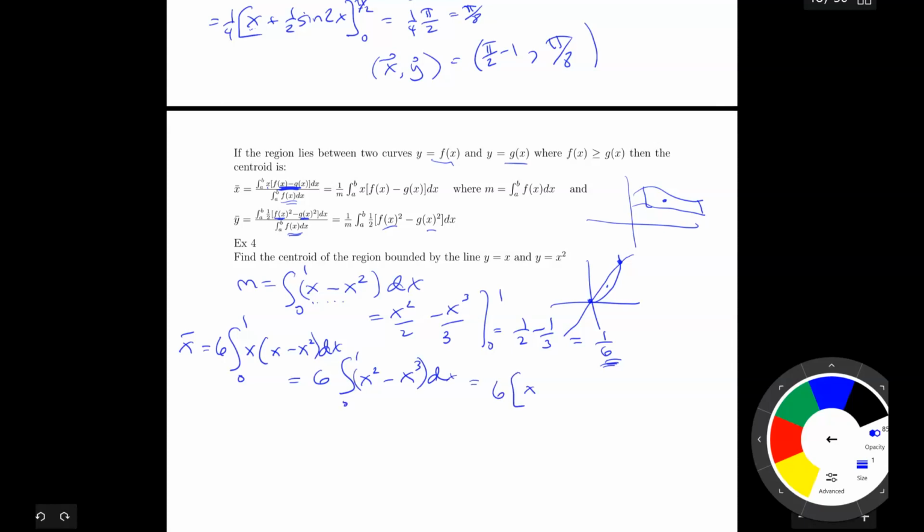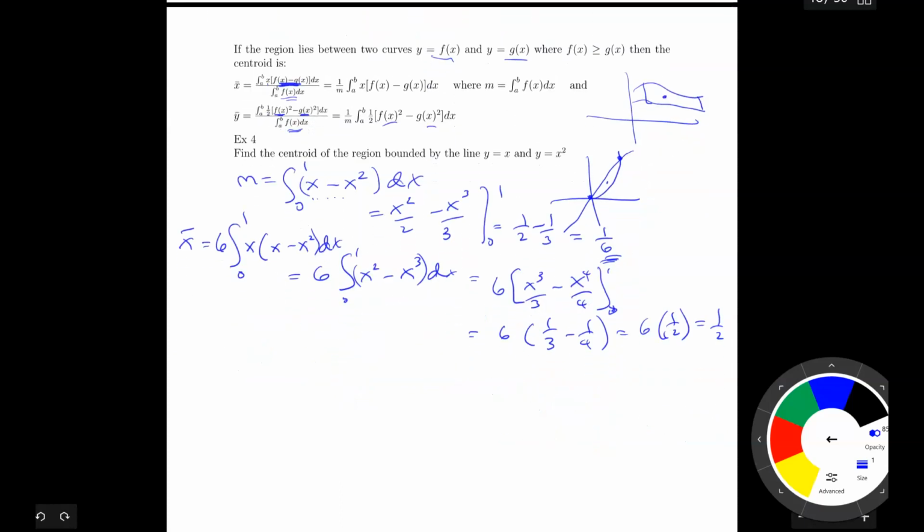So I get x cubed over 3 minus x to the 4th over 4 between 0 and 1. And so then I'd get 6 times 1/3 minus 1/4. That'd be 6 times 1/12, or 1/2. Okay, so that's my x bar.